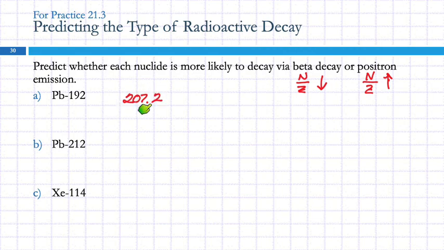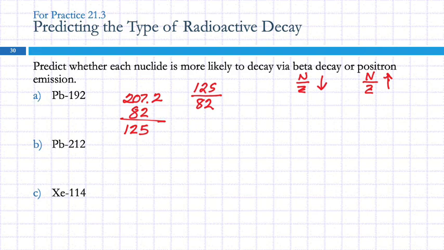That means that this has more neutrons. How many protons does lead have? It has 82, right? So 207 minus 82 would be 125, and so that's going to give us a ratio of 125 to 82. That is a good ratio for lead.